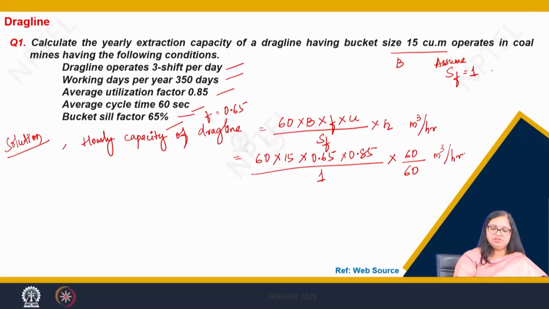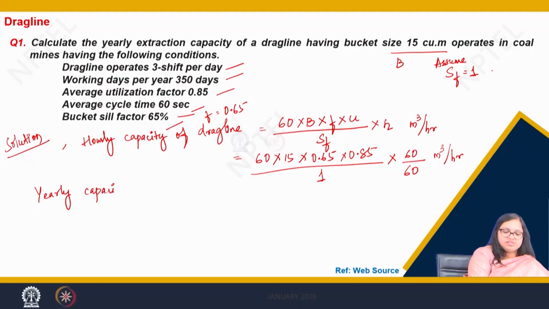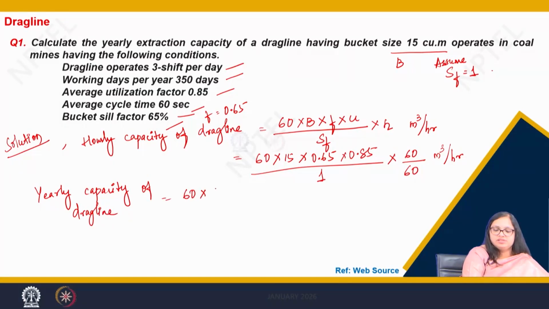Now, when we have to convert it into yearly capacity of dragline, what do we do with this value? 15 into 0.65 into 0.85, this is 1, this is 1. So we multiply how many days?